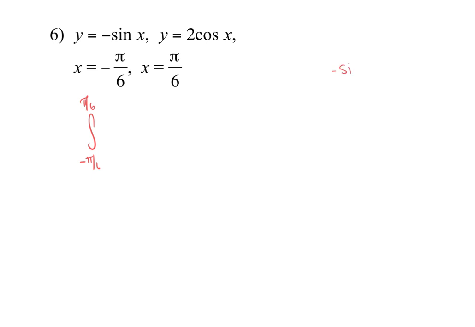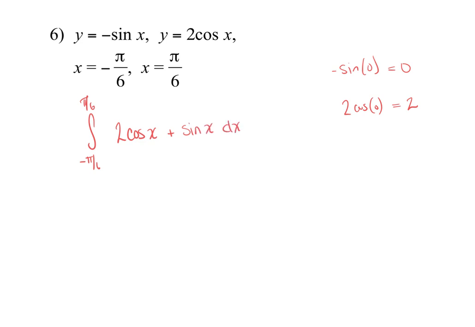So negative sine of 0, which is in between those, and 2 cosine of 0. Sine of 0 is just 0. Cosine of 0 is 1. So my cosine is actually larger here. So I am going to put the cosine first. 2 cosine of x minus a negative sine of x. So that's plus sine of x dx.